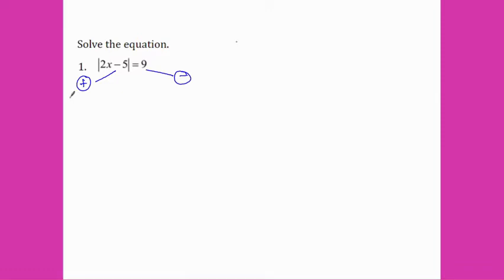Our first equation, the positive one, will look just like the absolute value equation with the absolute value lines removed. Our negative equation will be negative, and then we're going to turn the absolute value into parentheses, and equals the same number. Then we solve each equation.